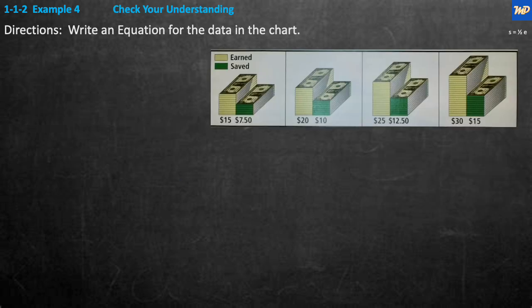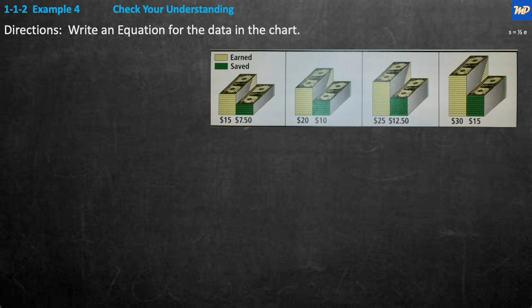Okay, example 4, check your understanding. Again, as you've learned now, I want you to stop the video and try it out. No matter what you come up with, try your best, and when you come back, we'll work it together. But before you stop it, I'll read it to you. Directions: write an equation for the data in the chart.